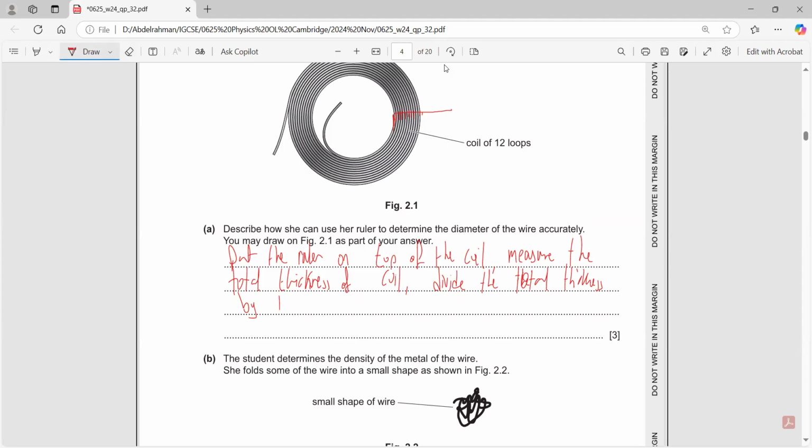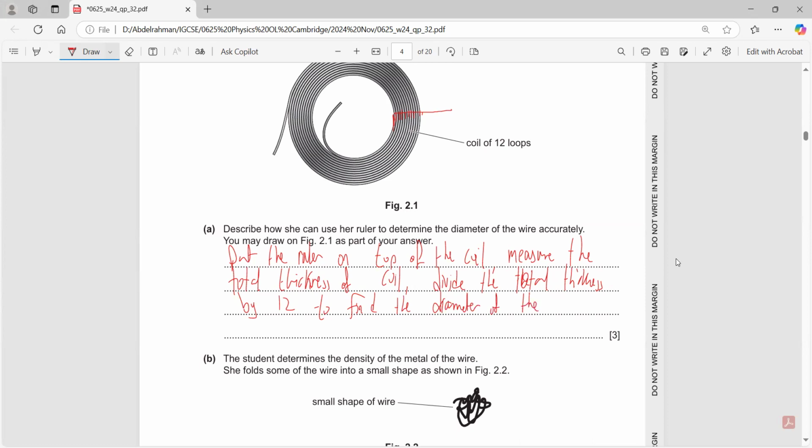Since she took 12 loops, you can divide by 12, to find the diameter of the wire.